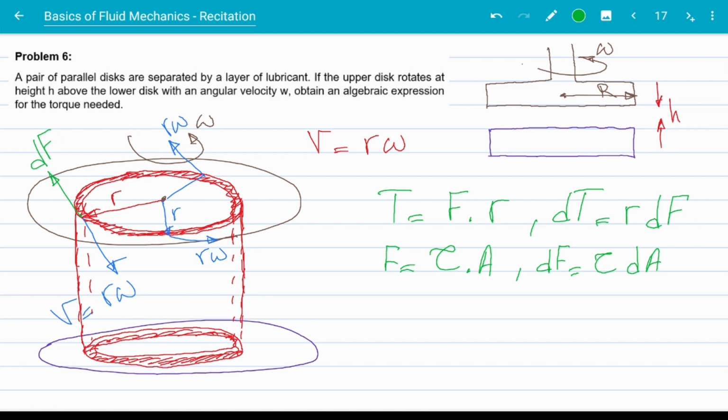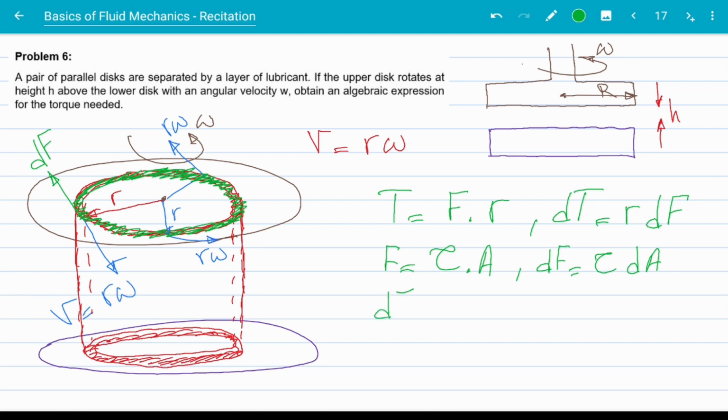Now what is dA? dA is the area that the shear stress is applied to. For our shell element here, dA is actually this area. This is where the disk is in contact with the fluid, right? This is the dA that we are interested in.